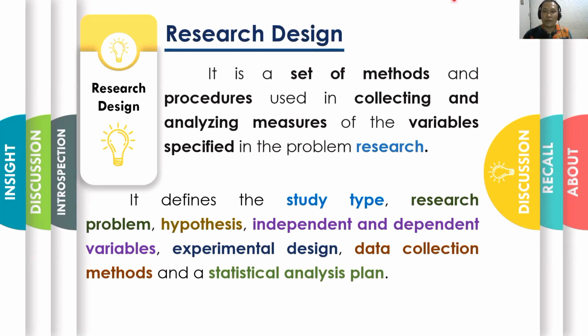Therefore, it is important for the researcher to identify what research design he or she is going to use, because from the method of collection, from the aim of the study, from the hypothesis being tested, from the statistical analysis that you are going to employ, it covers everything when we talk about the research design.